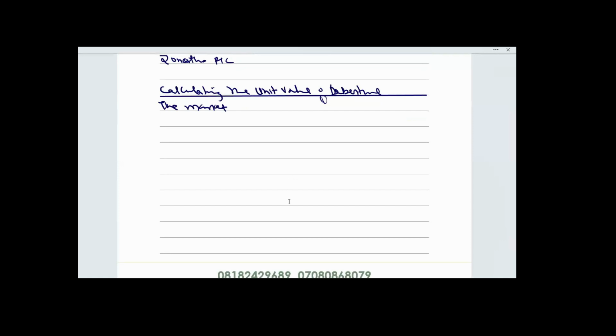First thing first, you need to know what kind of debenture this is. Is this redeemable or irredeemable? According to the question, it is an irredeemable debenture.